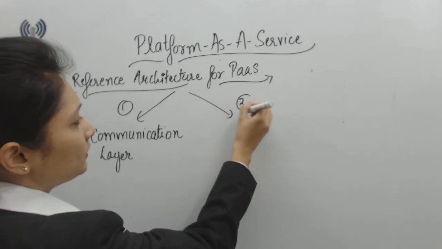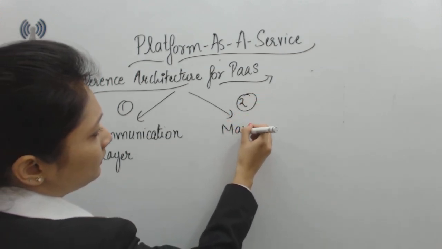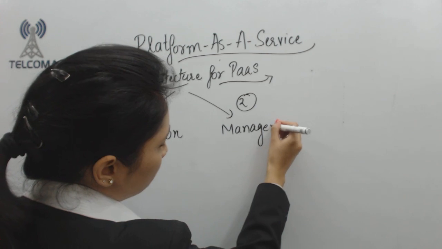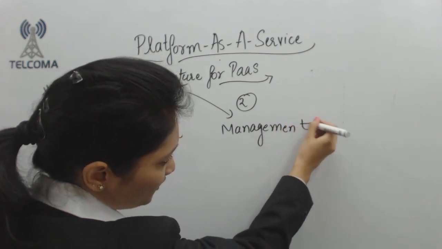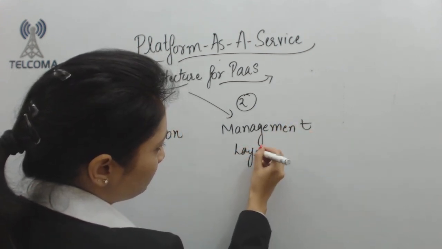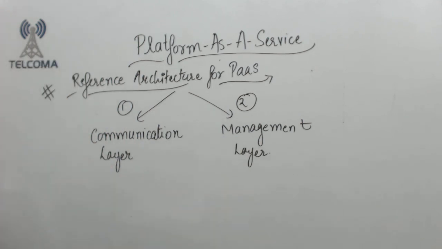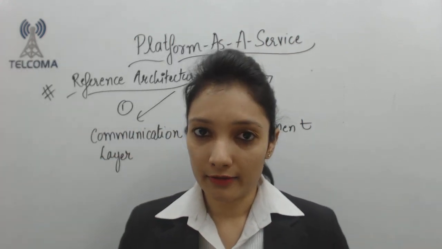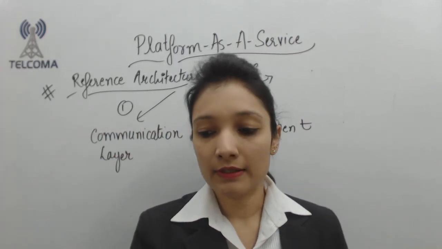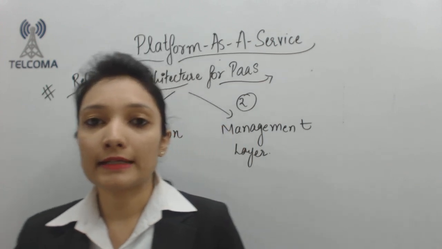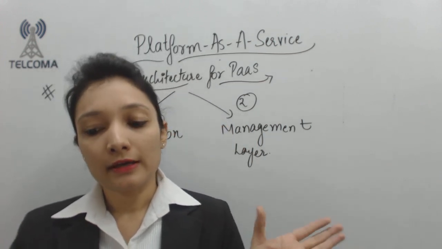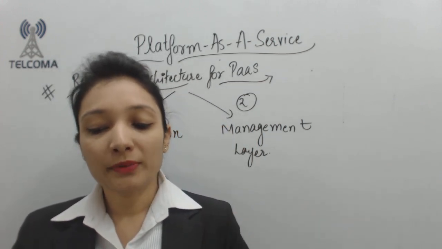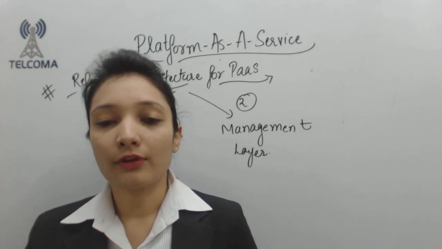and the management layer. Now, with your communication layer. This communication layer for your platform as a service is responsible for meeting the criteria like your availability, reliability, and optimization needs for the application running on the cloud.